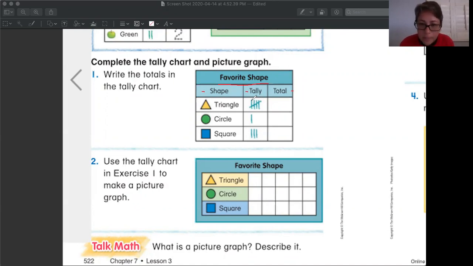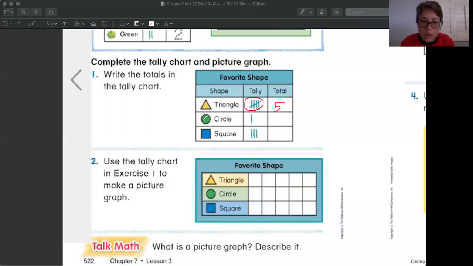So let's count. 1, 2, 3, 4, 5. So 5 people liked the triangle. But remember, we already learned about tallies. And when we see this, we don't even have to count. We know it is 5. So this is how we show 5: 4 down and 1 diagonal across.